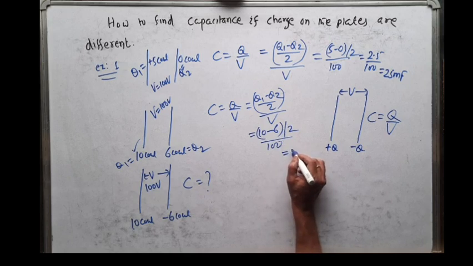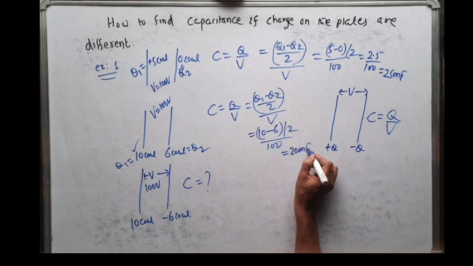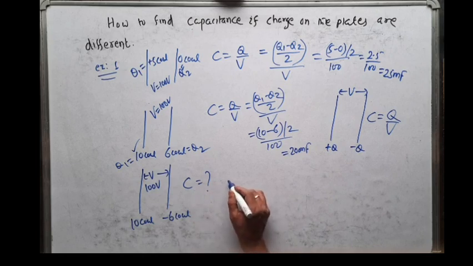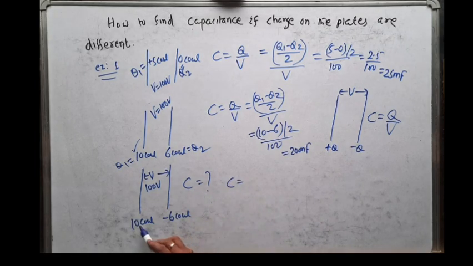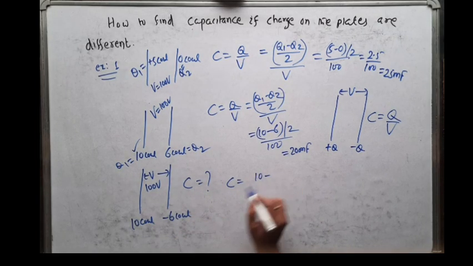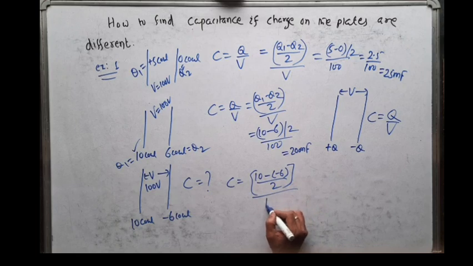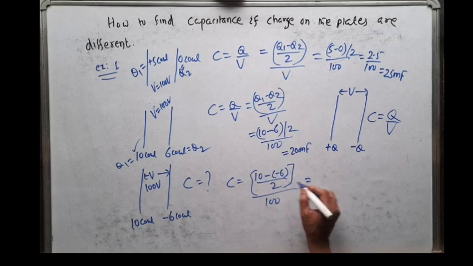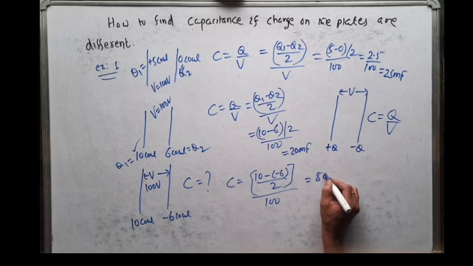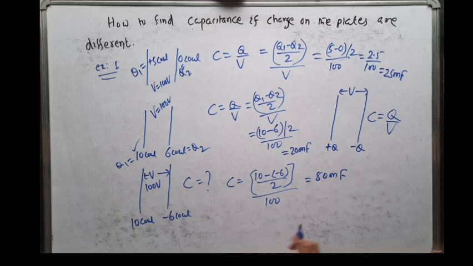So that is equal to 20 millifarad. Similarly, here capacitance is equal to Q1 is 10 minus Q2, it is minus 6, divided by 2. This is your charge divided by voltage. So that is equal to 10 plus 6, 16 by 2, 8. So 80 millifarad.